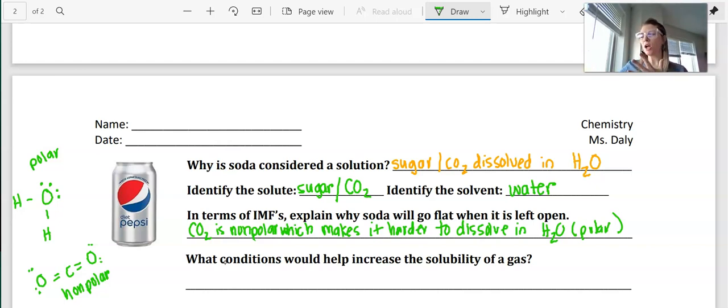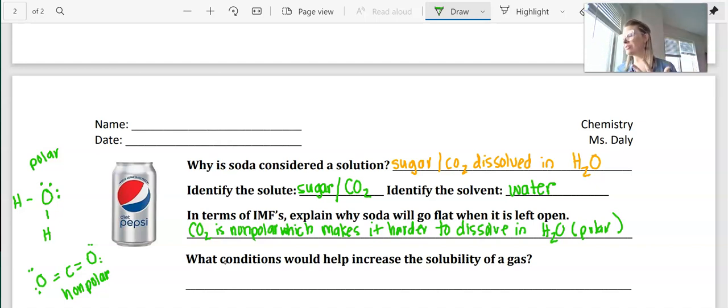Remember, for the solids, we said increasing temperature helps with the solubility, with the sugar to dissolve in. But would increasing temperature help CO2 dissolve? The answer is no, okay? If you heat up a gas, what happens? Our particles start to move faster and they start to spread out.